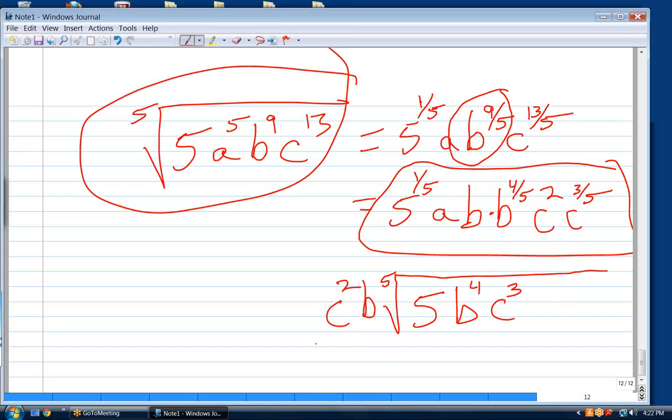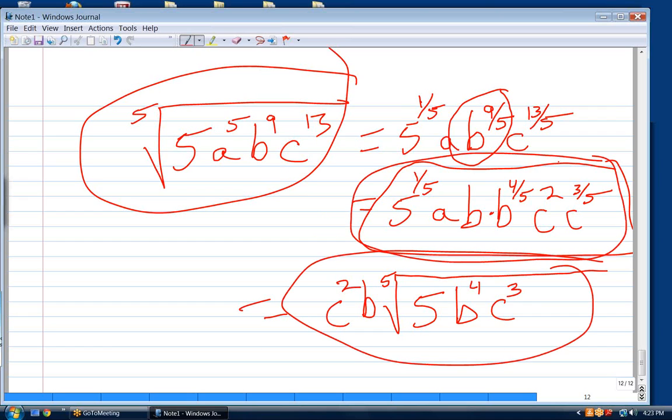So that would be what that simplified to. So you just put it back, or you take out all your whole numbers. There's nothing more correct about this answer than this answer. They're both equally correct.